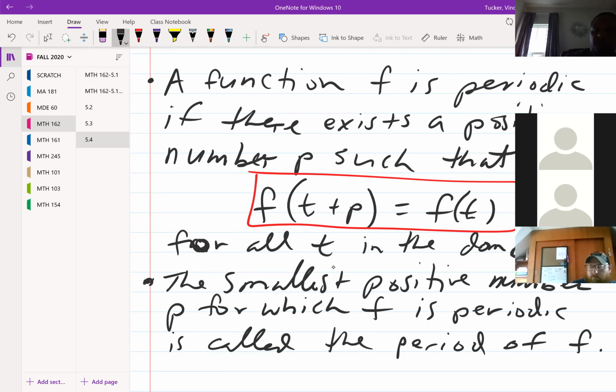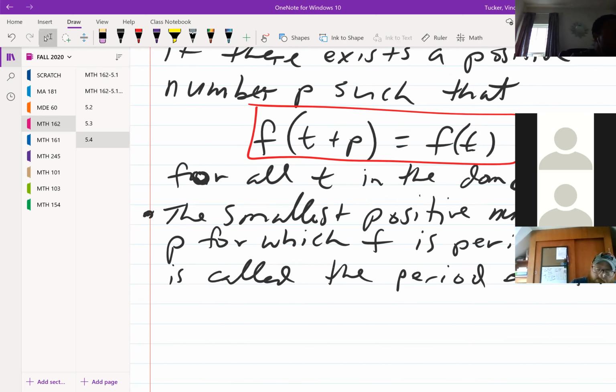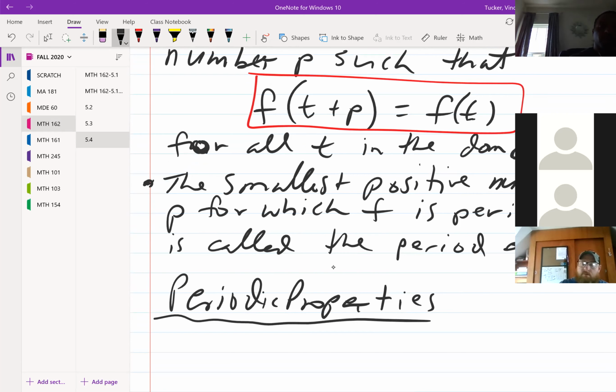So the period for that function stops. I'm going to put periodic properties.